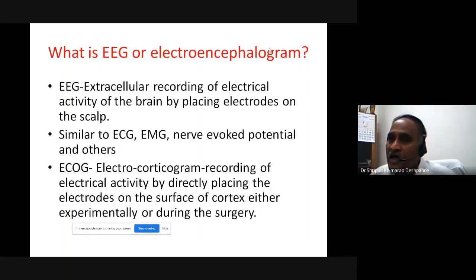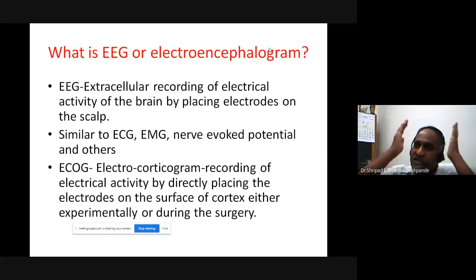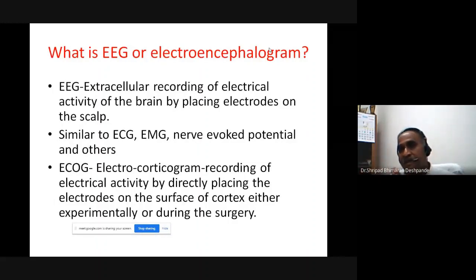So you can see these electrical activities by placing electrodes. As we record ECG by placing electrodes on the limb or on the heart, it is the same thing here, the electrical activity. However, the heart activity is very synchronous and very fine, that is why we get very big waves.